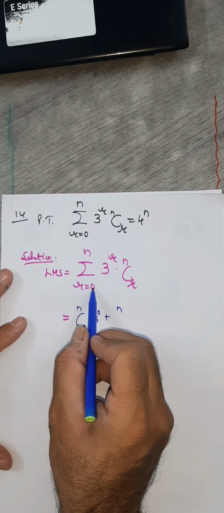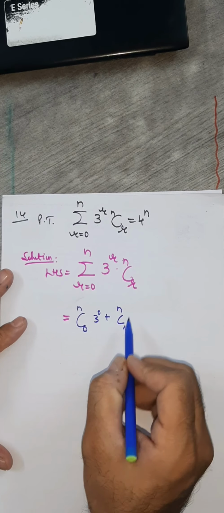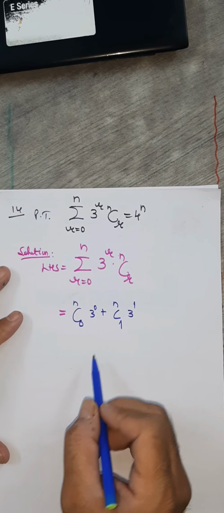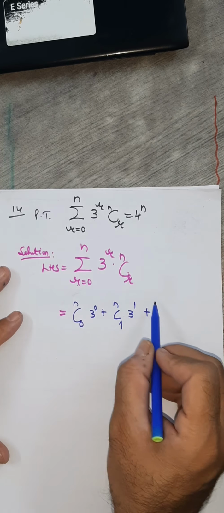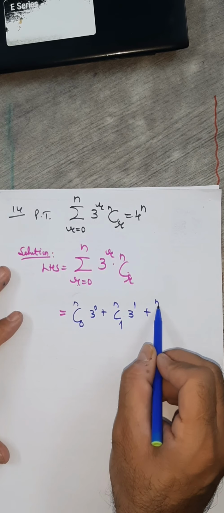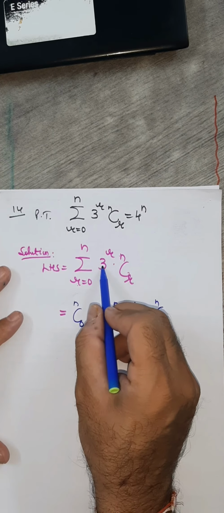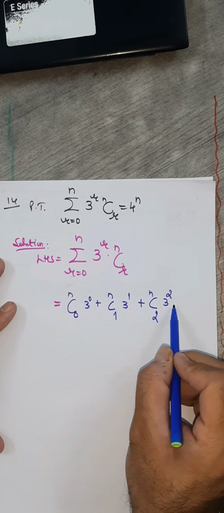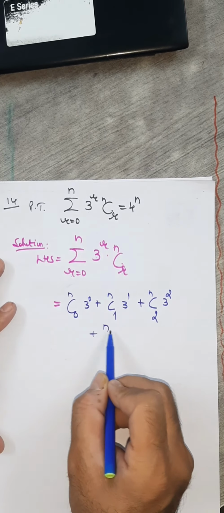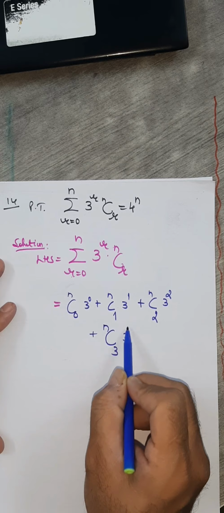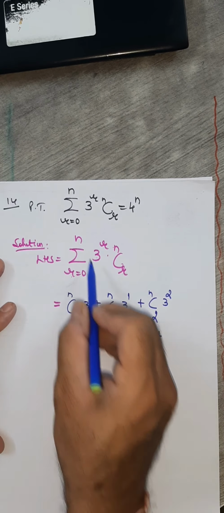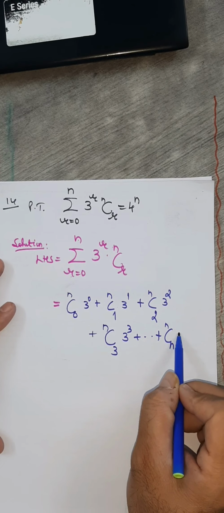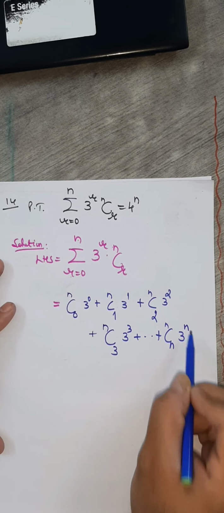What is the next value of r? 1. So nC1 here 3 raised to 1, plus next value of r, 2. So nC2 here 3 square. So have you noticed? Plus what is the next value of r? 3, nC3 into 3 cube, and so on. And finally, what's the last value of r? n. So nCn into 3 raised to n.